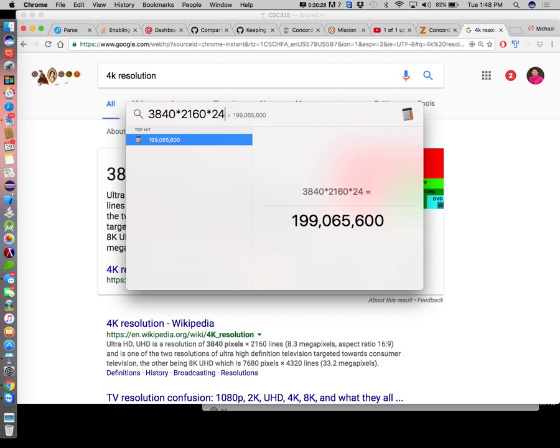Okay? So let's put that into something a little bit more familiar. We'll divide that by 8, so that's bytes. We'll divide that by 1,024, that's kilobytes. And we'll divide that by 1,024 again, so it's 23.7 megabytes for a static 4K image at 24-bit color.